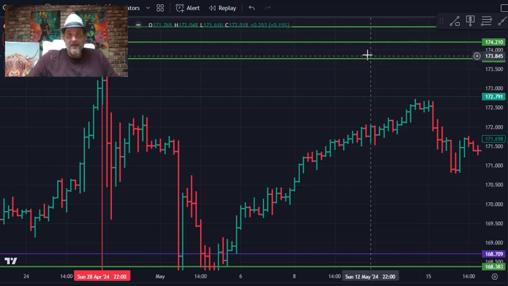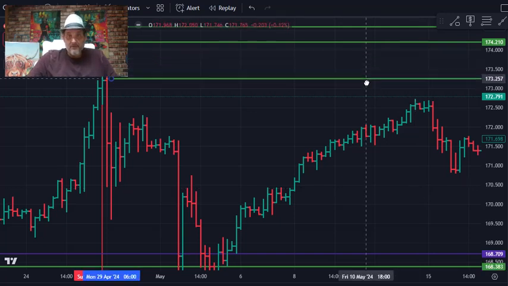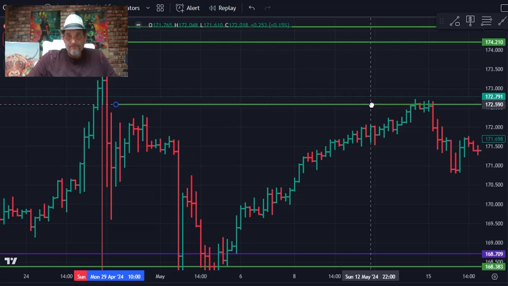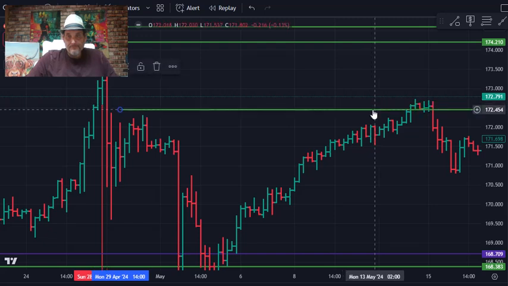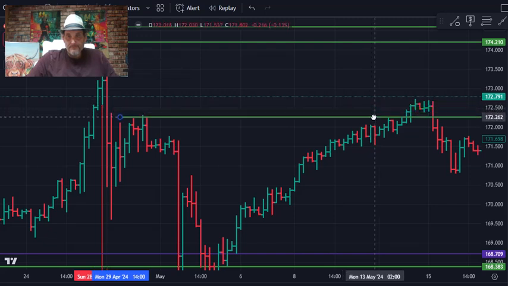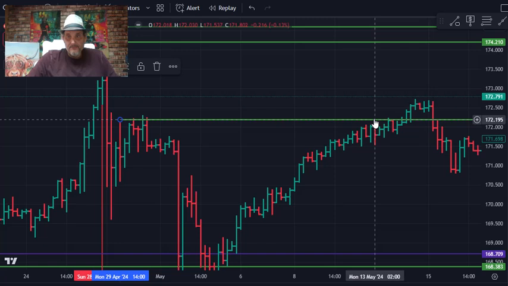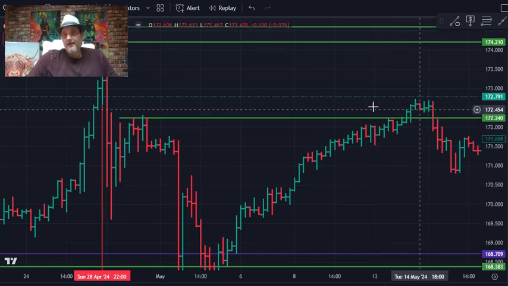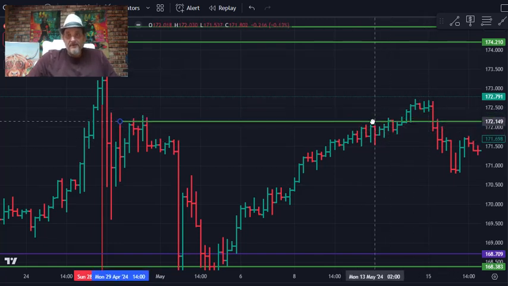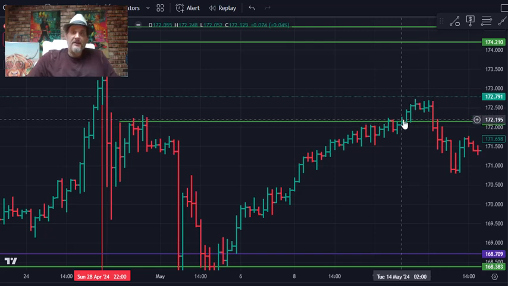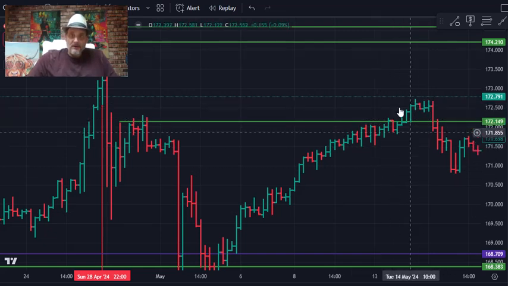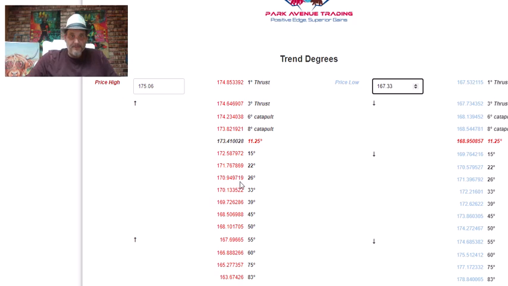So I would move this down right here, to 172.14. Basically the market expanded a little bit above the trend degree.